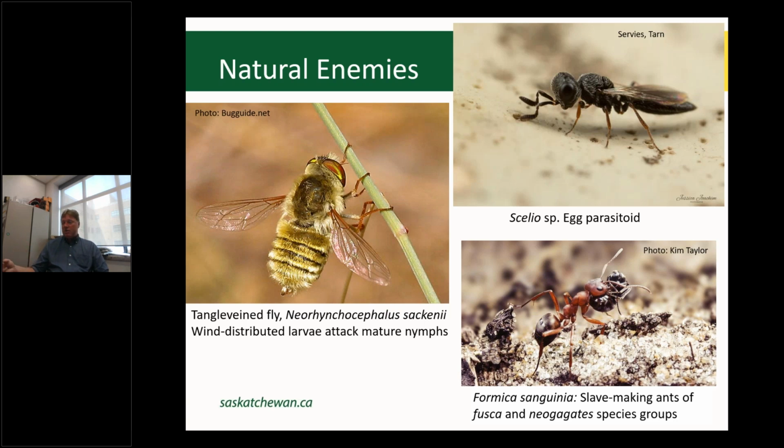They will also harvest developing pupae and occasionally eggs of their victims, haul these back to their colonies, and they have a caste system. The new slaves become the lowest caste, so all the dirty work gets done by the slaves. So for those of you who weren't aware, yeah, we have slave-making ants in the province.